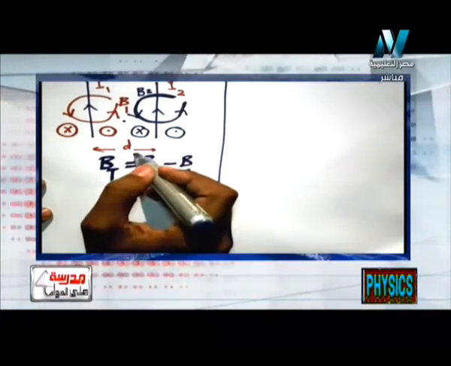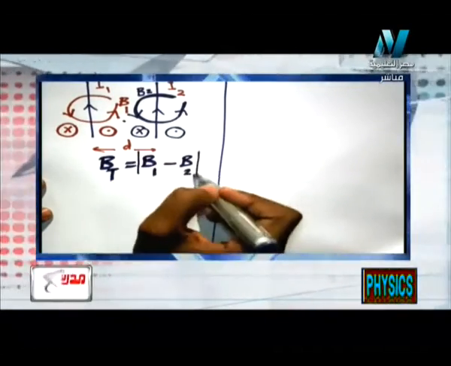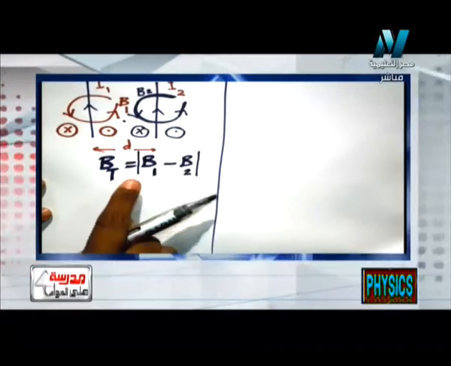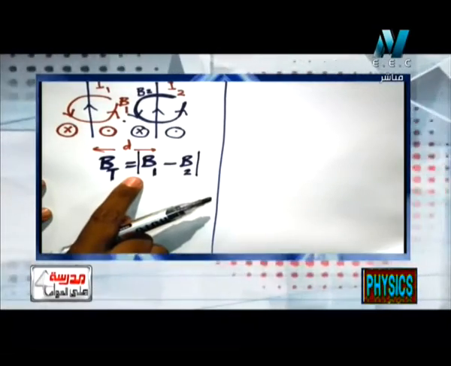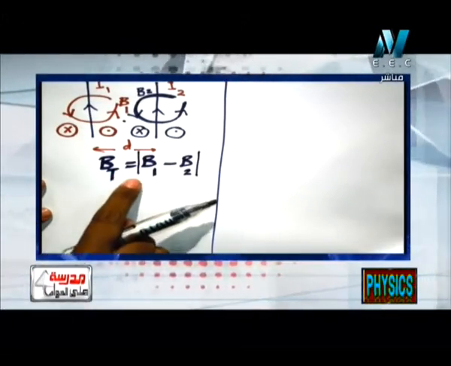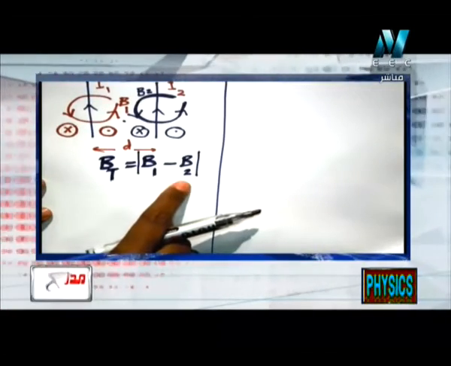Of course, for the advanced students, we can write the rule like this: absolute. B total equals the absolute difference between beta 1 and beta 2.